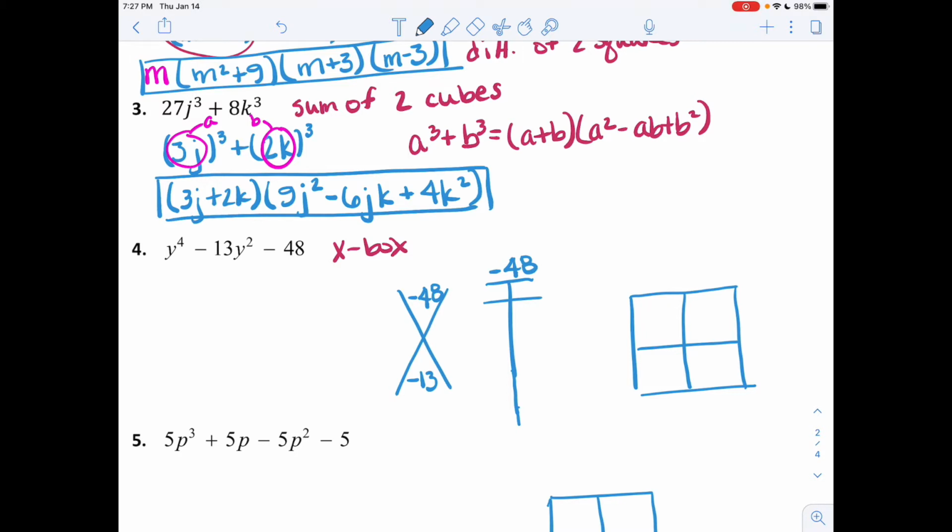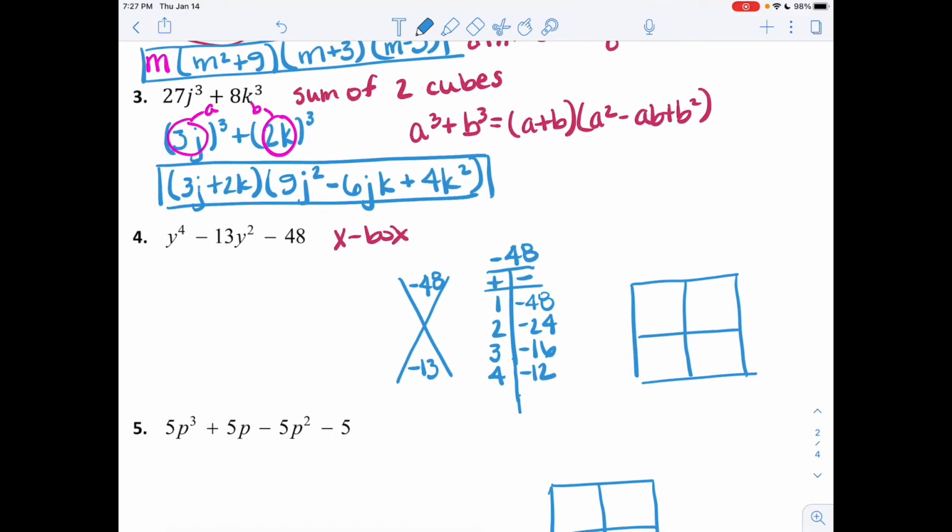Looking for factors of negative 48 that add to be negative 13. That means that the bigger factor that I write needs to be the negative one in order for this to be negative. Whatever the sign is here is going to be the bigger factor, and I always write my biggest factors on the right hand side. I'm going to say 1 and negative 48, 2, negative 24, 3, negative 16, 4, negative 12.